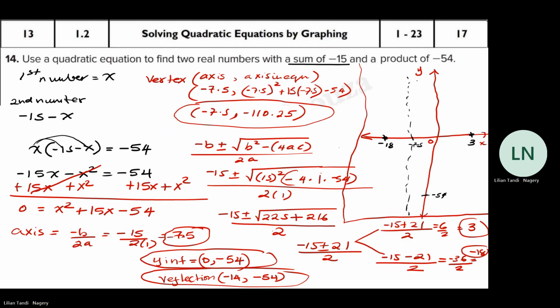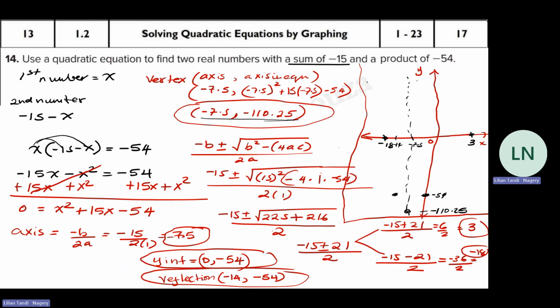Then you want negative 15. So there will be your reflection. Negative 15 with negative 54. Then you want your vertex. You're going to go all the way to negative 110.25. This will be your vertex, like that.